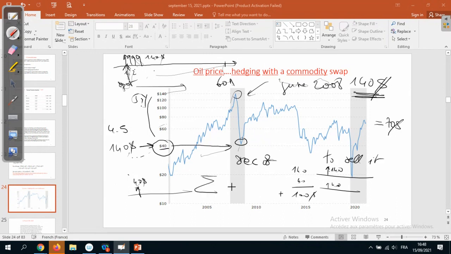The sum of 140 minus 40, discounted, from t equals 1 to 4.5 years or so. Discounted, it was a loss close to 600 million euro.